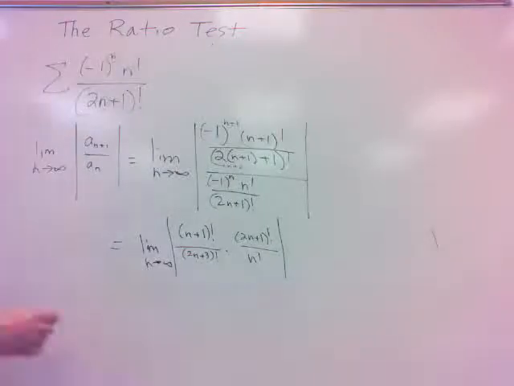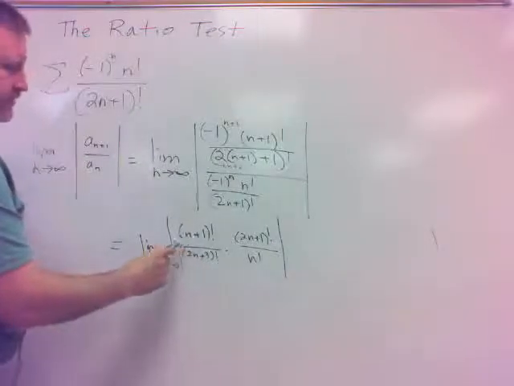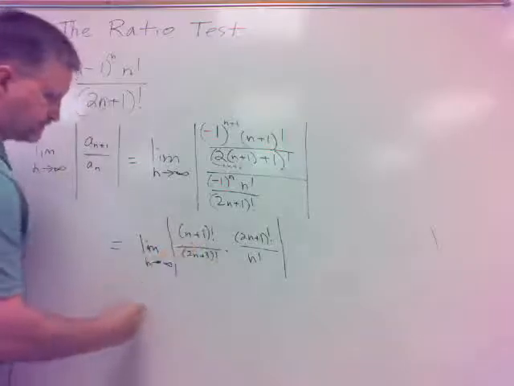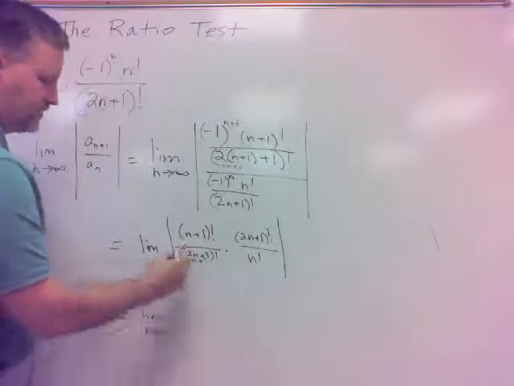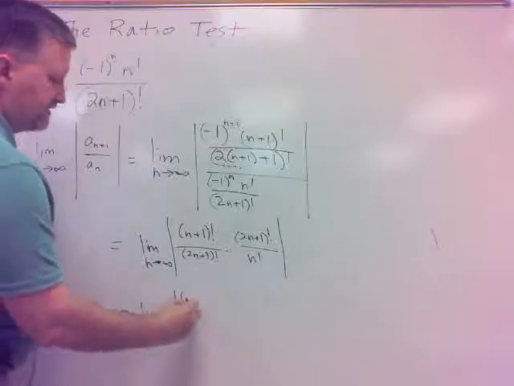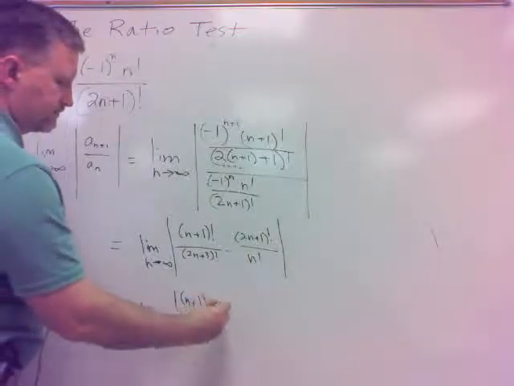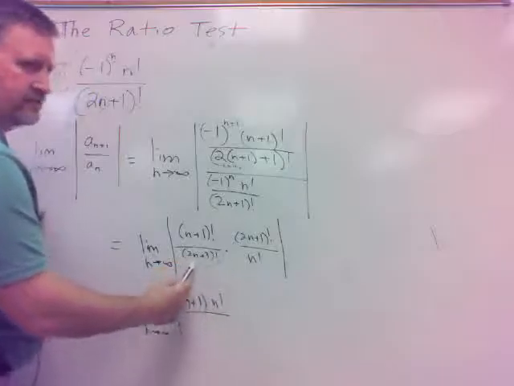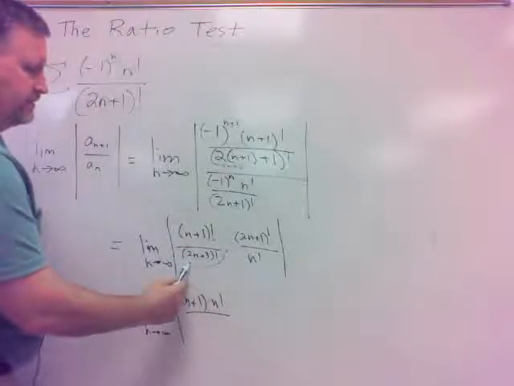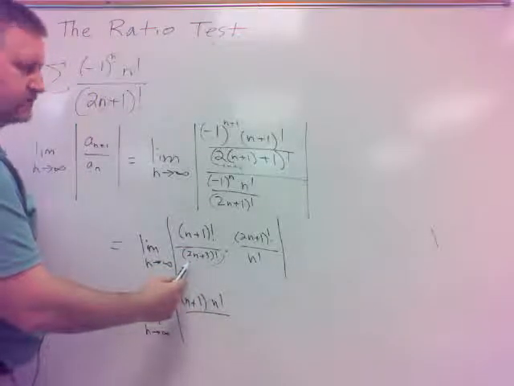All right. Okay, so we are going to do our little thing with n plus 1 factorial. That's n plus 1 times n factorial, isn't it? Well, let's do a little sidebar here on (2n plus 3) factorial.